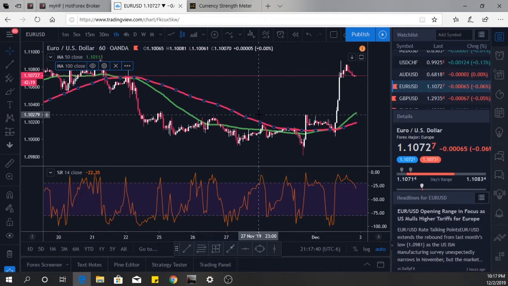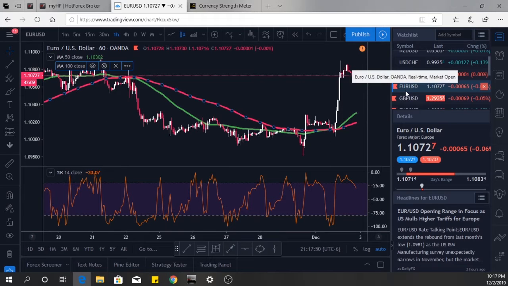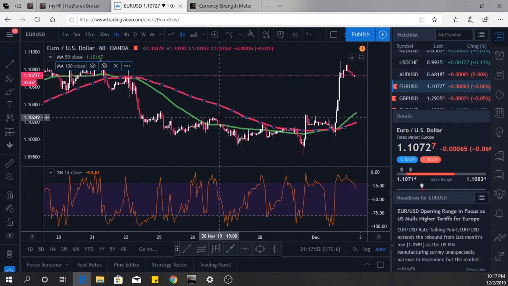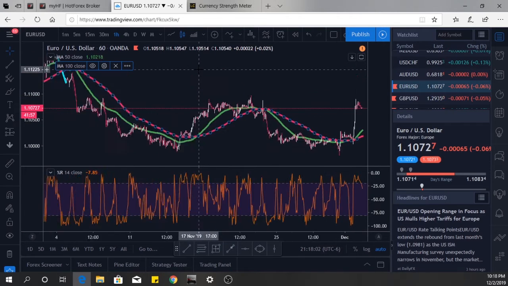So I love to use this strategy with EUR/USD, AUD/NZD, and also USD/JPY. And sometimes I use it with AUD/USD, because AUD/USD is a trendy market, I would like to call it. Now let me tell you how this strategy works.